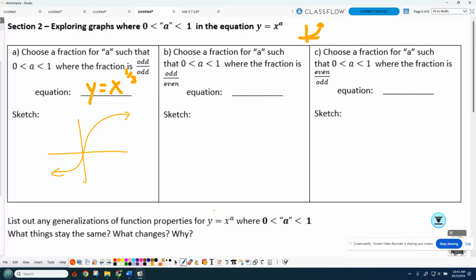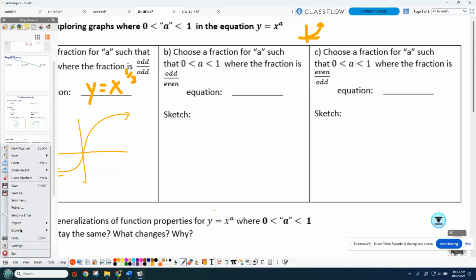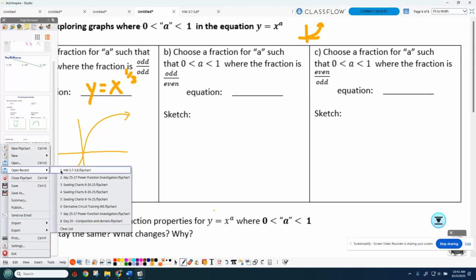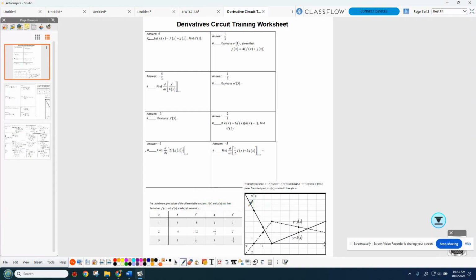Hold on. So, the copiers were possessed this morning, so I did not get this printed for you, but I'd like you guys to try. It will very slowly come up.